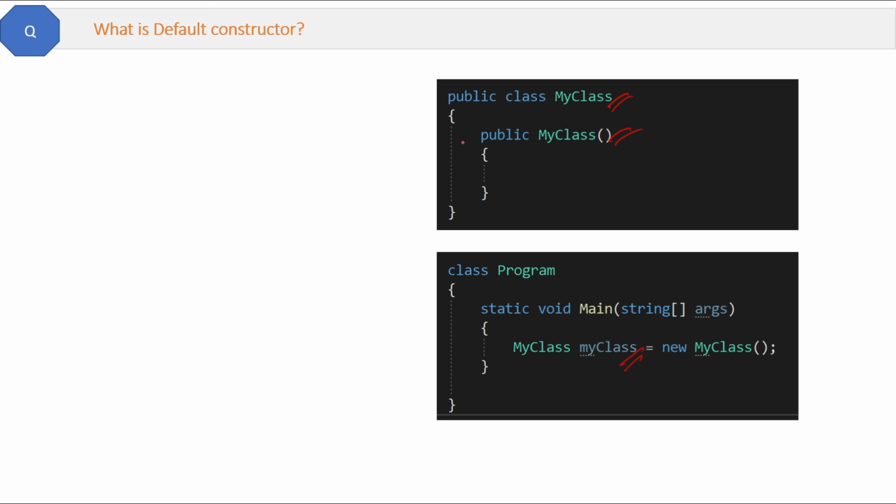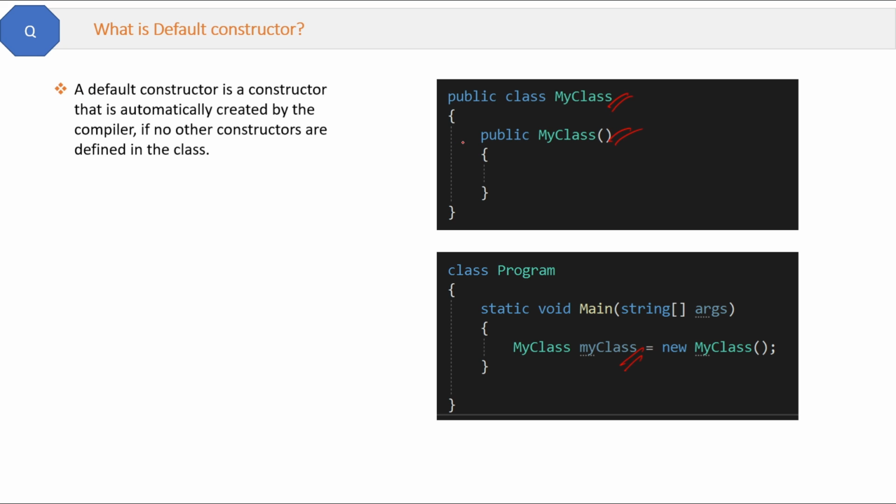So the definition is a default constructor is a constructor that is automatically created by the compiler if no other constructors are defined in the class. Remember, if you define some other constructor like parameterized constructor, then the compiler will not generate the default constructor for you. That's the default constructor.